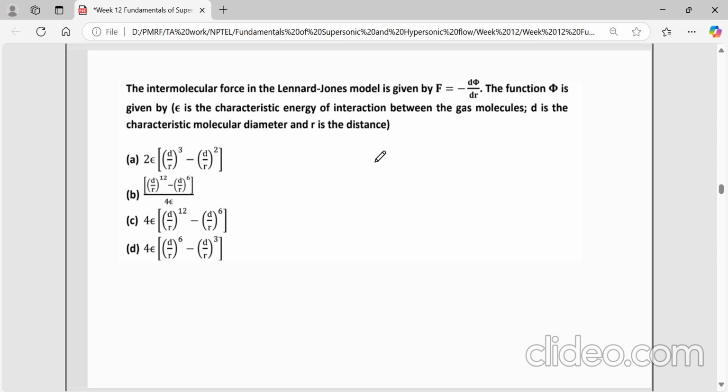Option B, d upon r to the power 12 minus d upon r to the power 6 upon 4 epsilon. Option C, 4 epsilon d upon r to the power 12 minus d upon r to the power 6. Option D, 4 epsilon d upon r to the power 6 minus d upon r to the power 3. If you remember the formula, you can answer this question. What will be the answer for this?